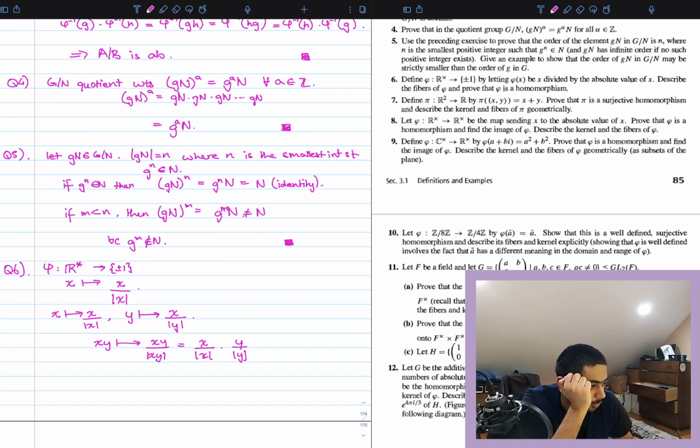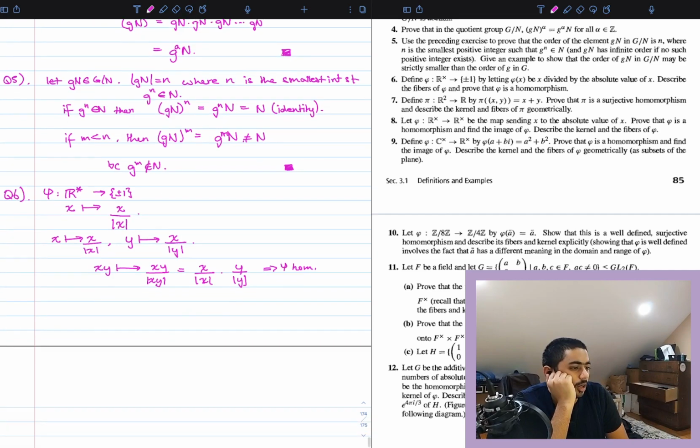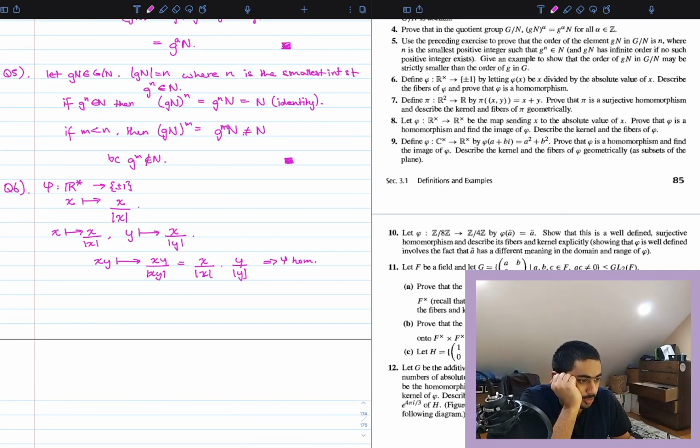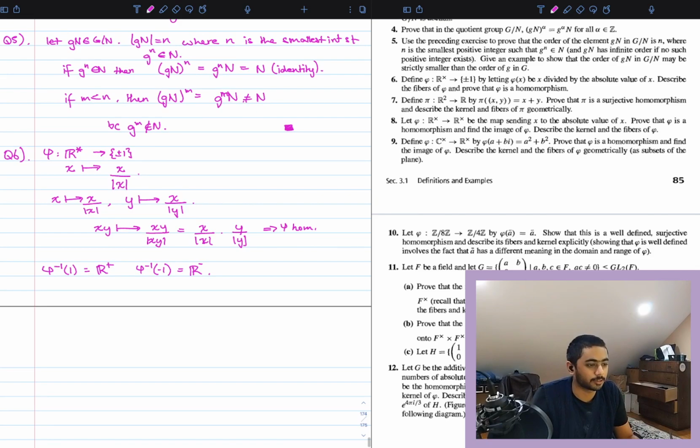And so phi is a homomorphism. And then we needed to describe the fibers, right? So what is the inverse image of 1? Well, it's all the positive real numbers. And then the inverse image of -1 is all the negative real numbers, which I'll write like this. And I think that's it for this question.